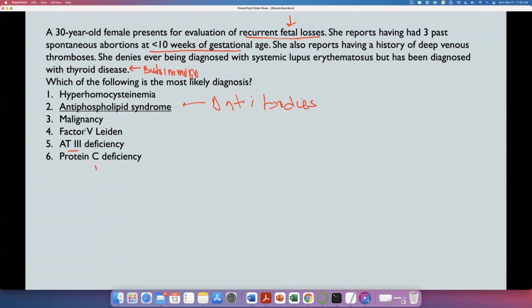Notice that they write in this question, and this is a question that I didn't create, it's something that I got from a question bank, she denies ever being diagnosed with systemic lupus.